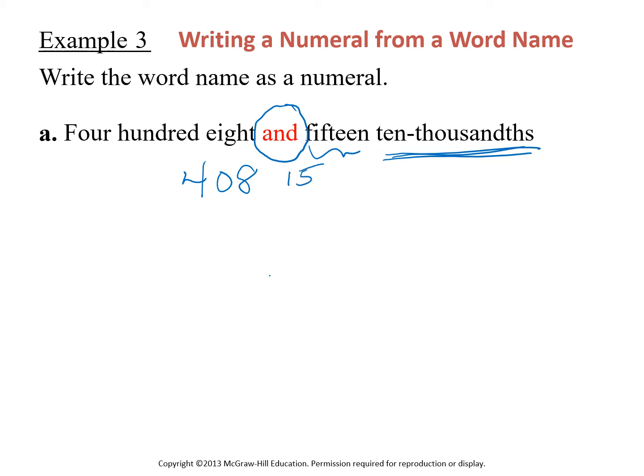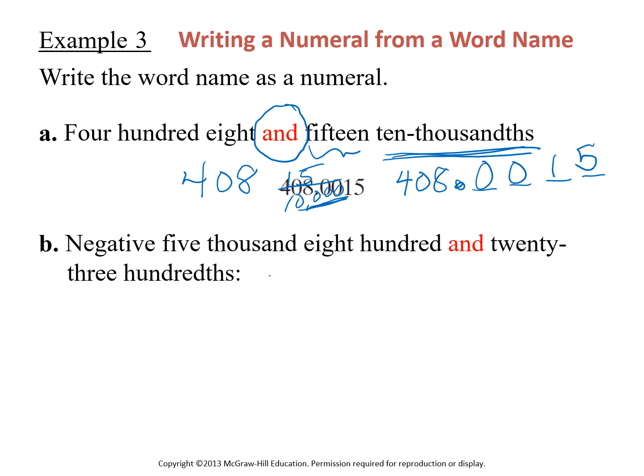So if we have 15 10,000ths, it's going to be 408 point, and there's going to be 4 decimal places. And to write the number 15 using 4 decimal places, we'll have to put zeros in front. So this is 408 and 15 10,000ths.